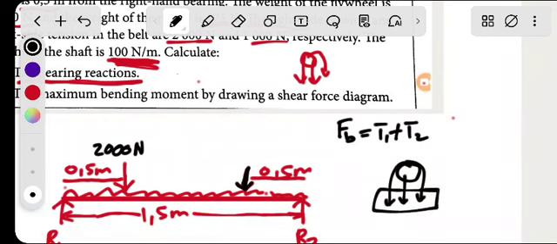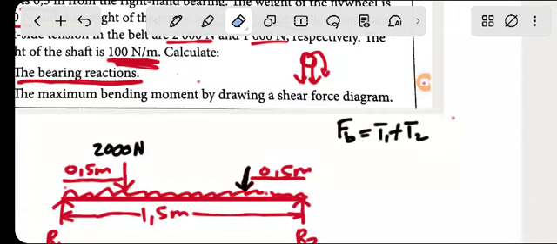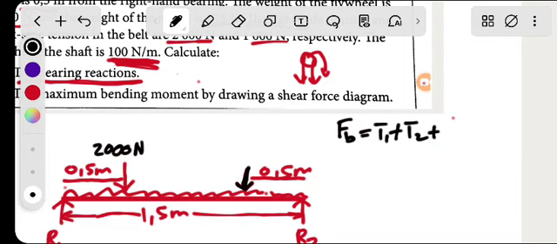We are adding them. So T1, we know that it is 2000, plus T2 that side, which is 275, plus now the weight of the pulley.